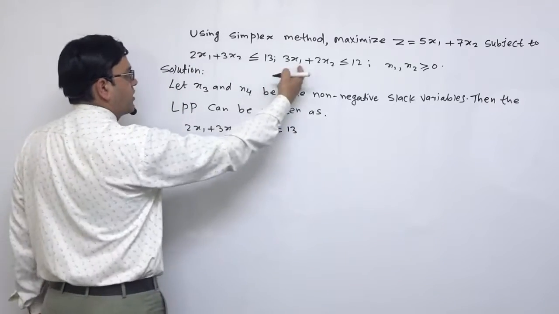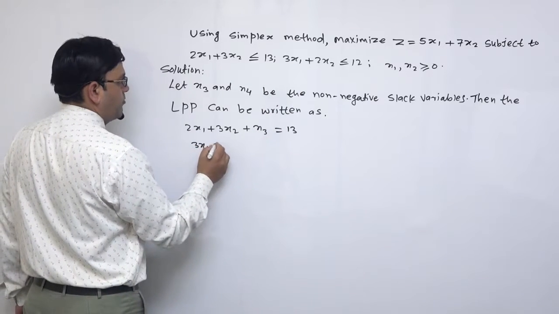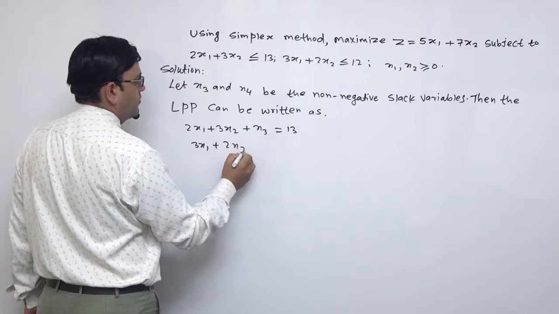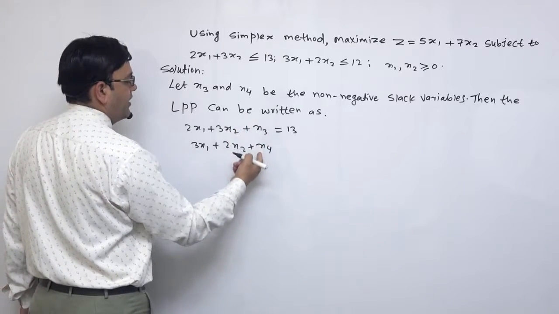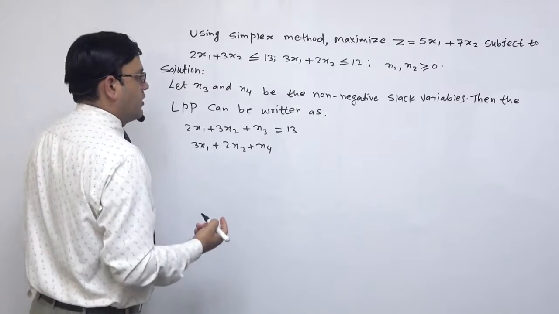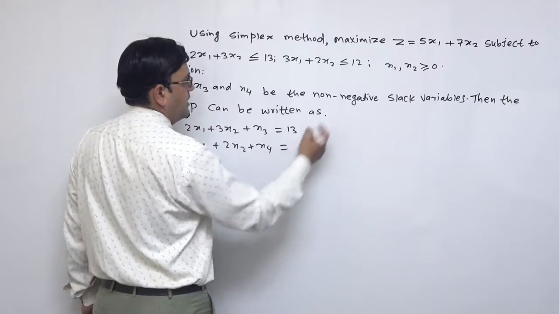Next one is 3x1 + 2x2 + x4. Here is x3 and here is x4. These two are non-negative slack variables.